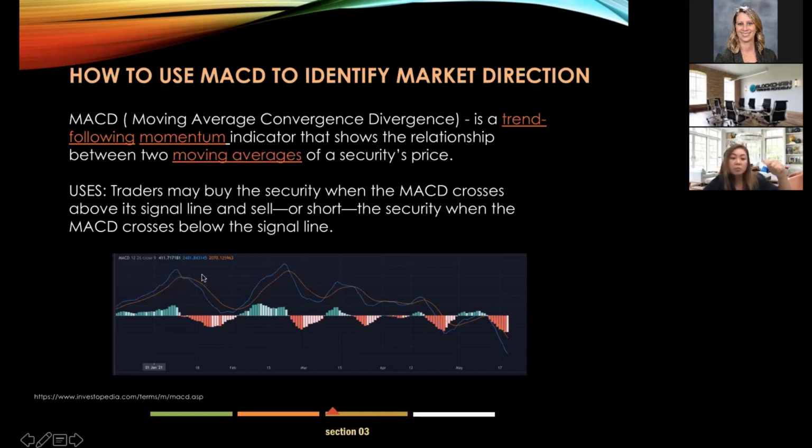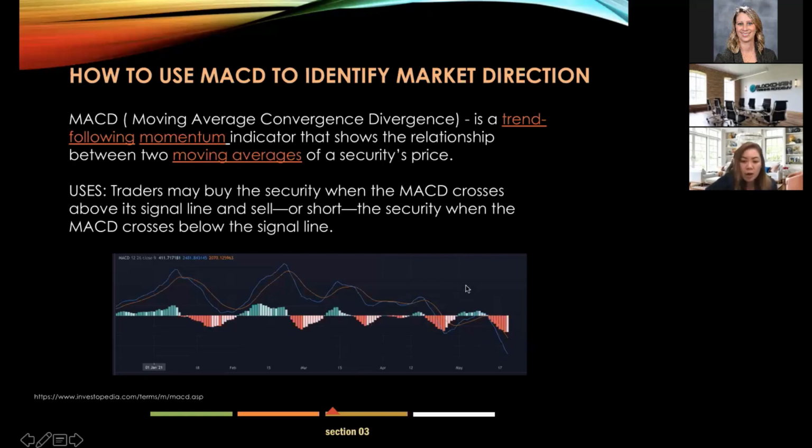But if they cross, that means a potential change in pattern or direction is about to occur. You can also see the histogram, which is a built-in indicator for the MACD. It's basically to predict what is about to come. It's a helper of the lines.